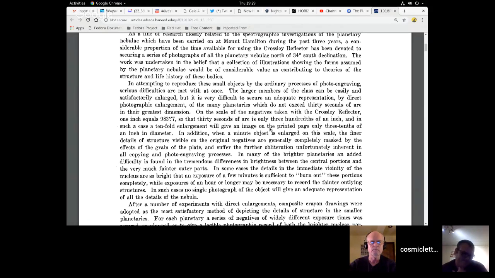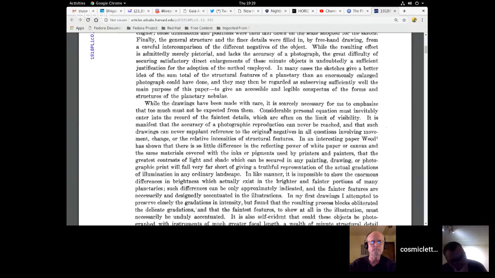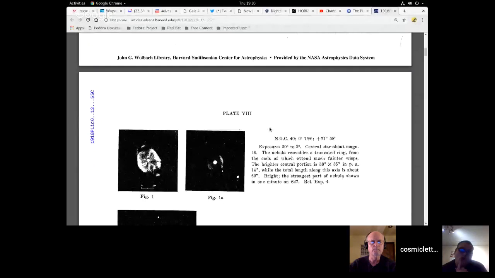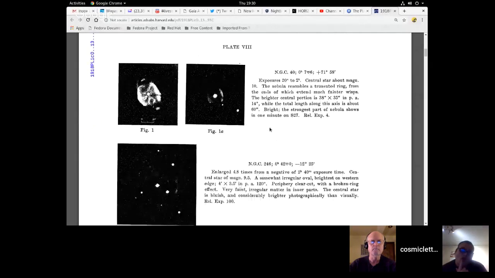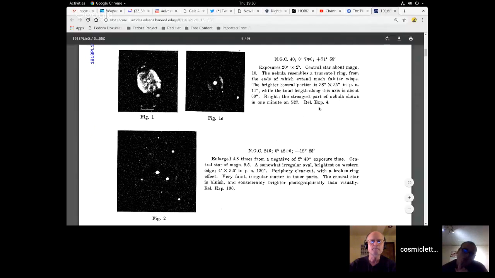So, anyway, let's take a look at a few of these. This would probably be a really cool read too. So here's some shots here. I guess they're saying exposures 20 seconds to 2 hours.